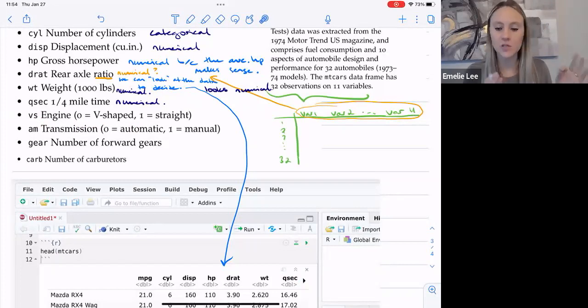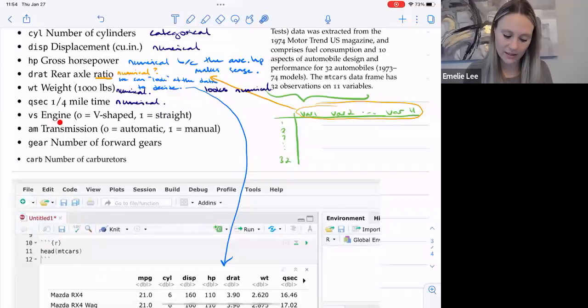This is a special case where we call this a binary variable, 0, 1.